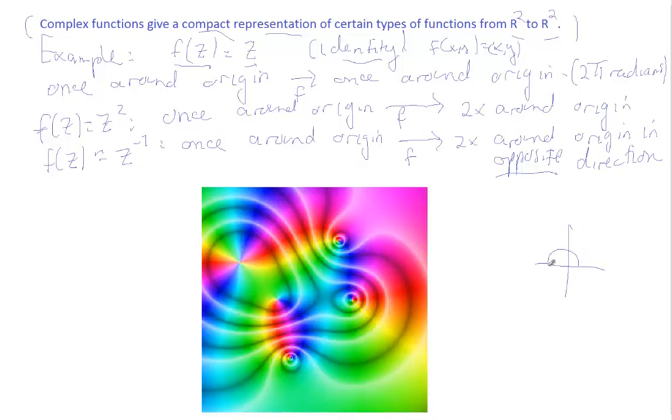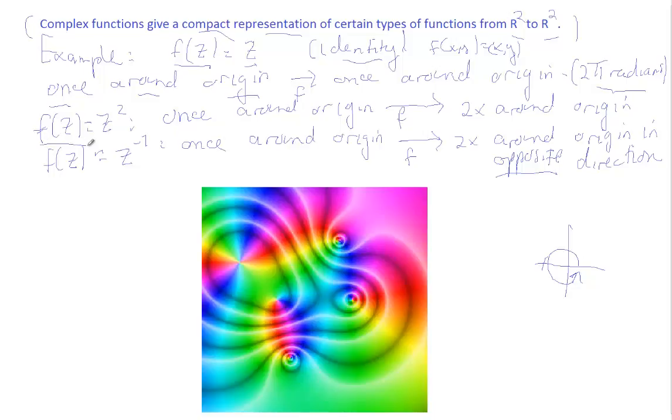If I walk around the origin, and then I consider f of that walk, so I take f of all of those points. Well, f is the identity, so if I walk around the origin, then the image under f is also going to go once around the origin. So if I move once around the origin, and I map under f, I also move once around the origin, and that's 2 pi radians.